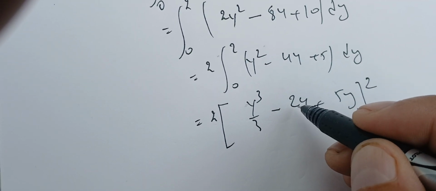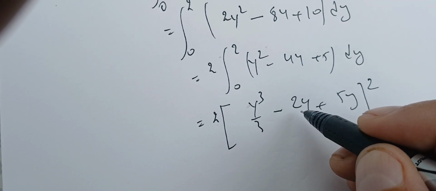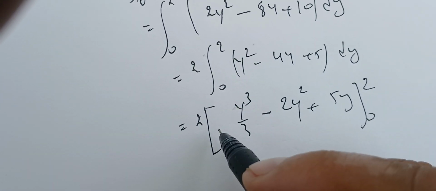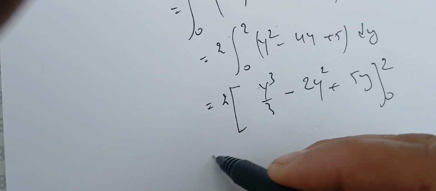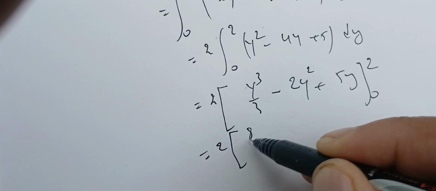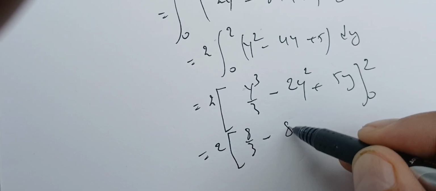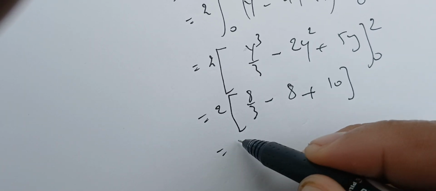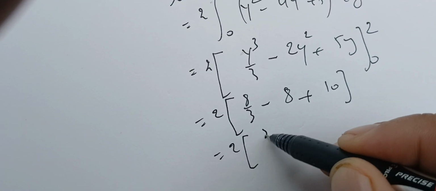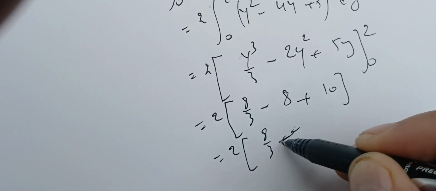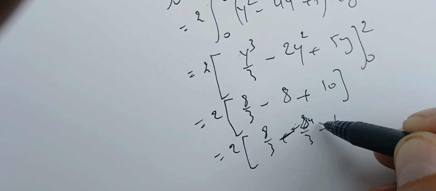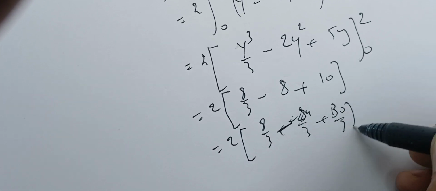Minus 2y squared, sorry, here. And when we evaluate, we're going to have 8 over 3 minus 8 plus 10, and the best way to compute this is to divide everything by 3. 8 over 3 minus 24 over 3 plus 30 over 3.